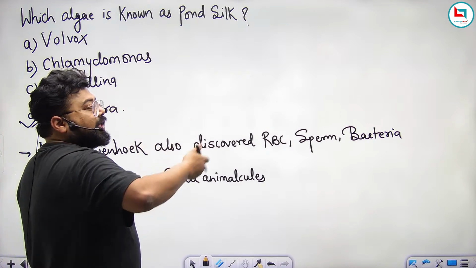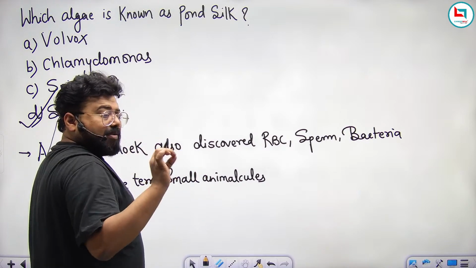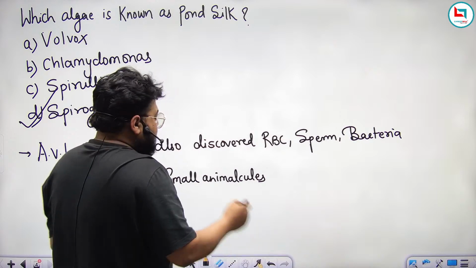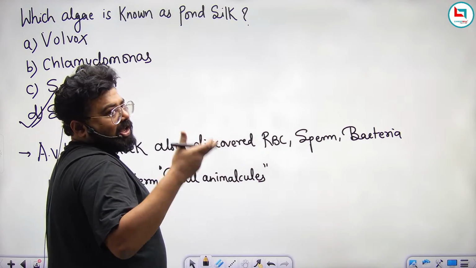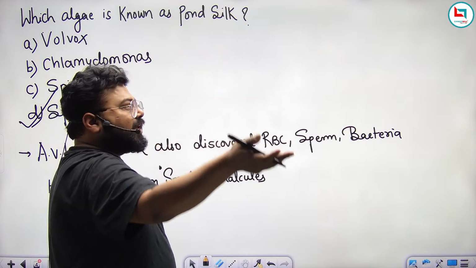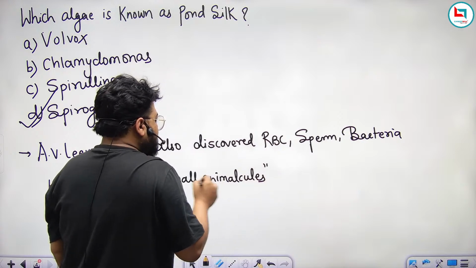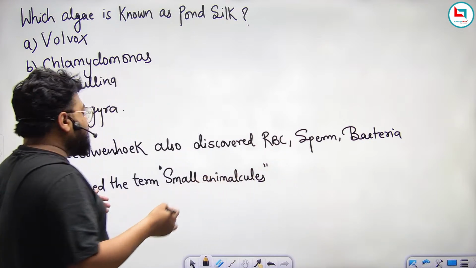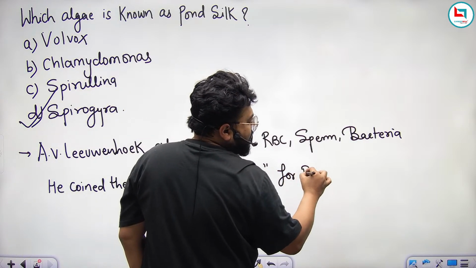So he called them small animalcules, animal-like substances, because at that time we knew only animals can move. Later on we discovered many things which can show locomotion and movement. So earlier bacteria were termed small animalcules.